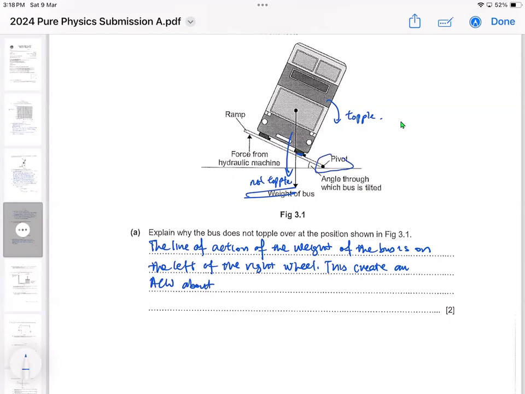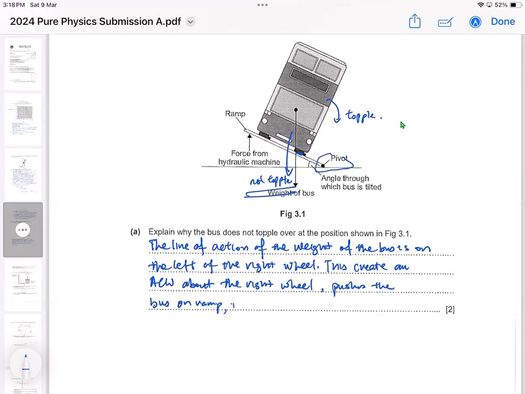So we say that it creates an anti-clockwise moment about the right wheel. And this moment will actually push the bus onto the ramp, and because of this, it does not topple. It's something like this.